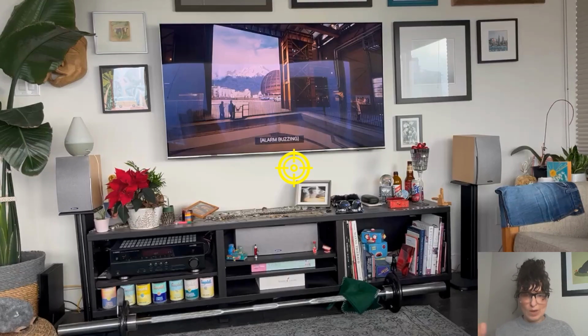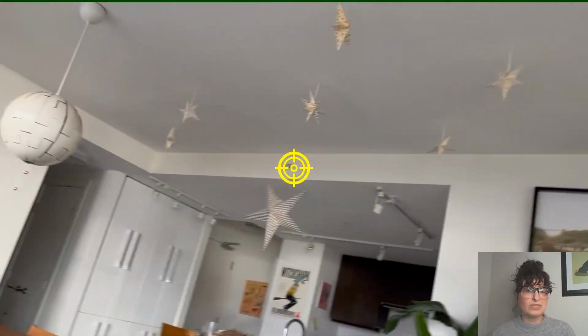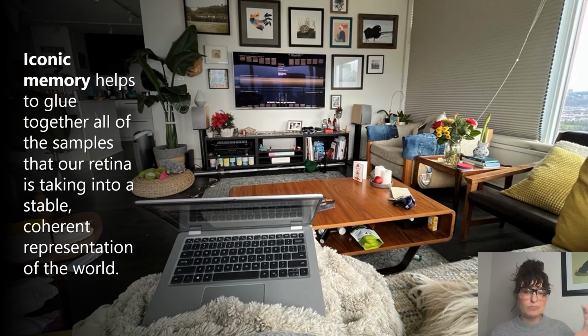So if you have this view, this is me in my apartment, where you're looking around an environment, your brain is taking snapshots of this environment, and iconic memory is allowing that information to last long enough so that you can stitch it all together and produce a full and rich environmental representation.